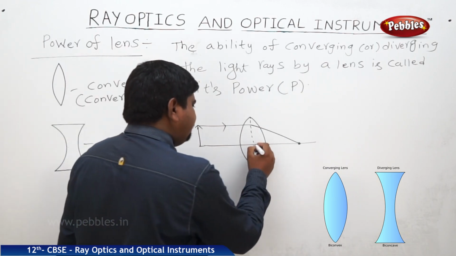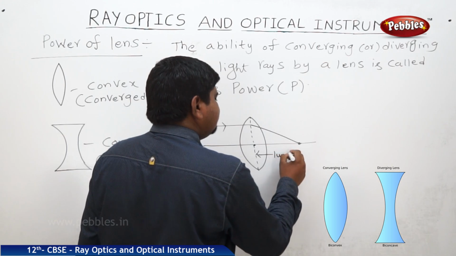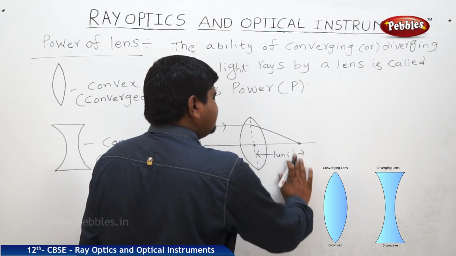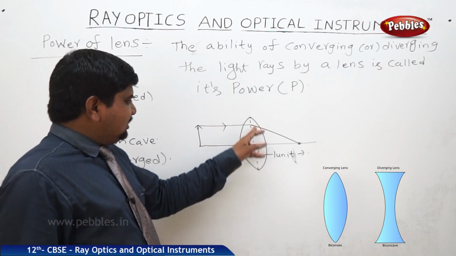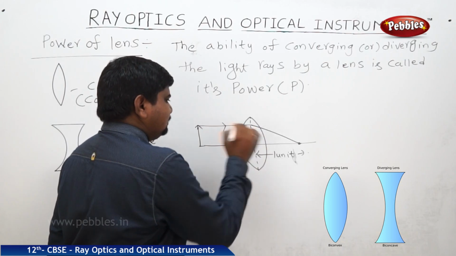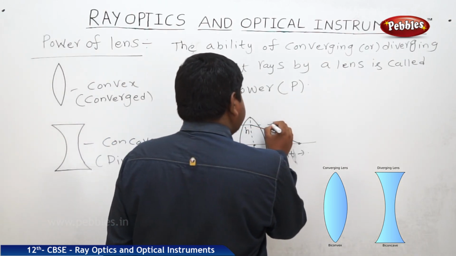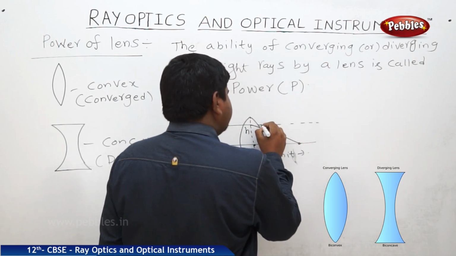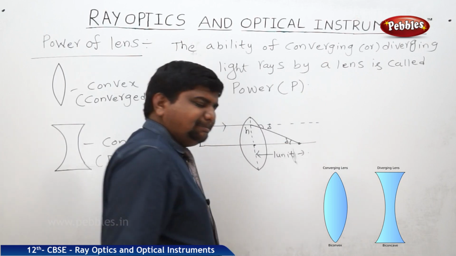Let us take the distance from the optical center to here as 1 unit, and this is equal to the height of the object. So the actual path of the light should be like this. That means it makes some angle delta, and the same here also, delta.